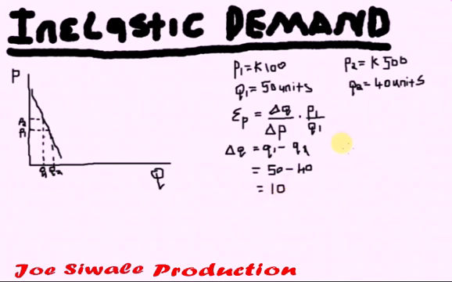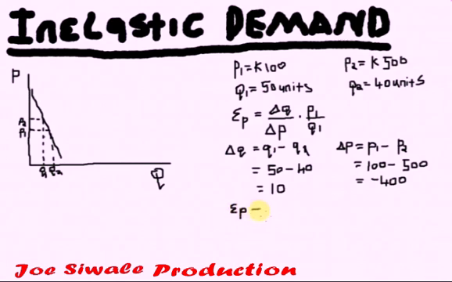Then I'll find my change in P. This formula, you use it when you're calculating the price elasticity of a product using the percentage method. So I'll say my change in P is equal to P1 minus P2. My P1, that's 100, minus my P2, that's 500. 100 minus 500, that's negative 400.